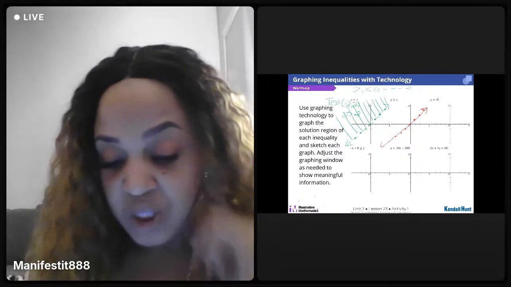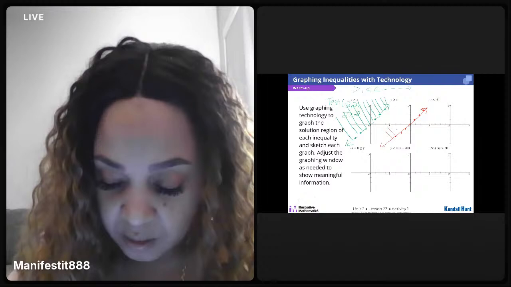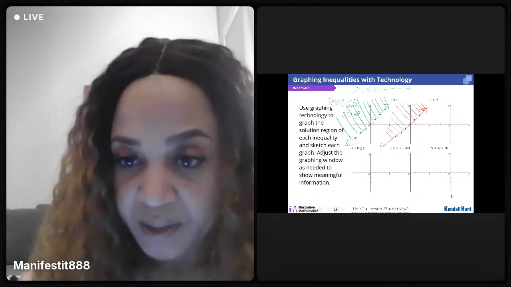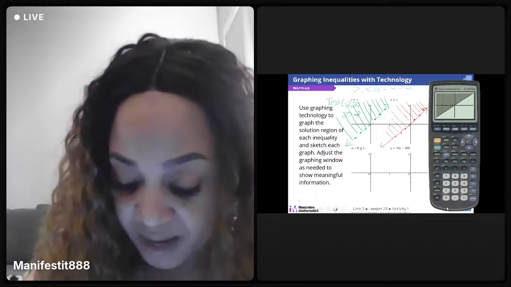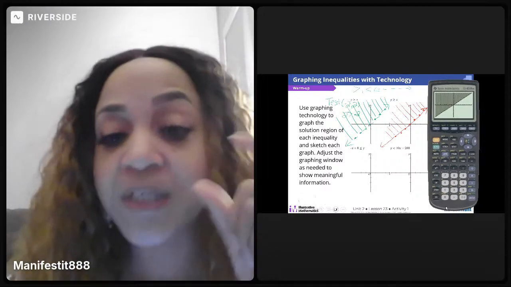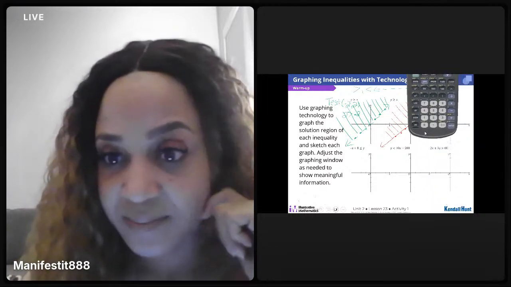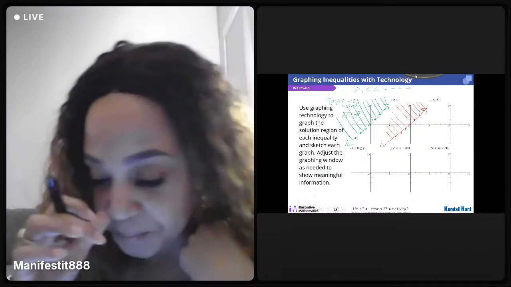And we still need to shade above the line. In our calculator, just for confirmation, it's very much the same thing as before. It's just that we have to intuitively know that if we have the or equals to symbol, we have to make a solid line.